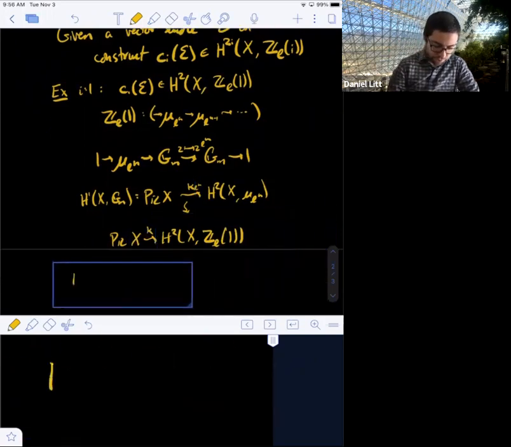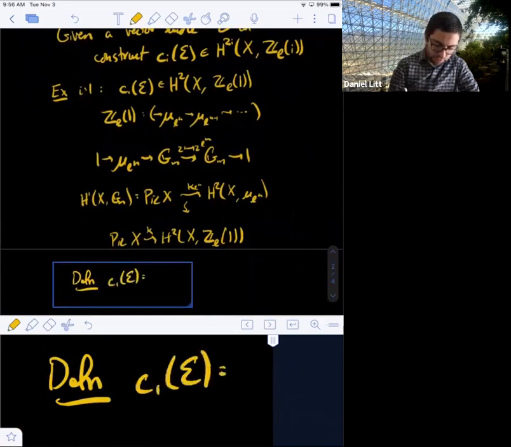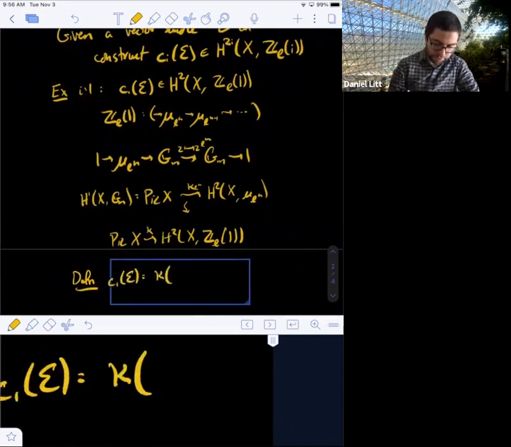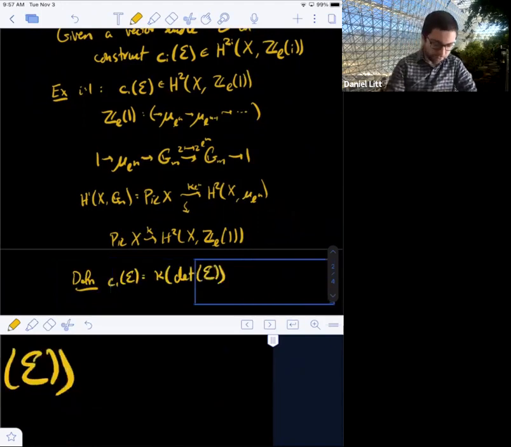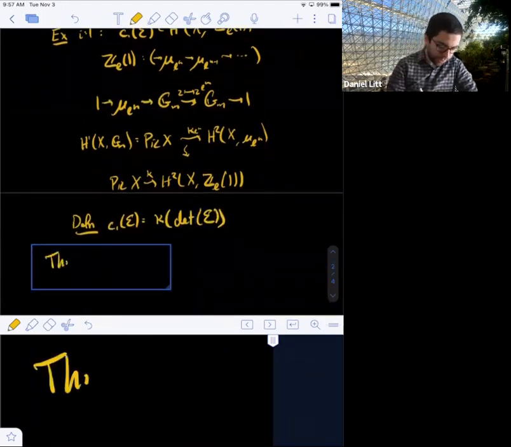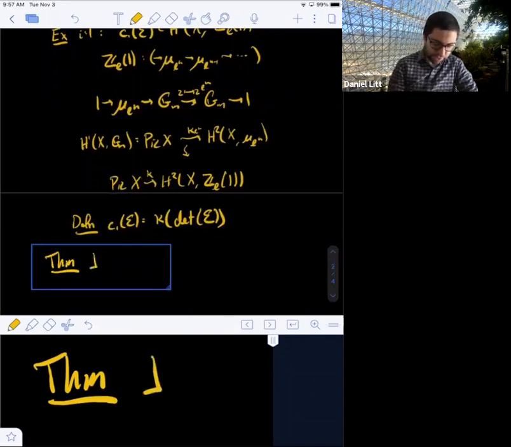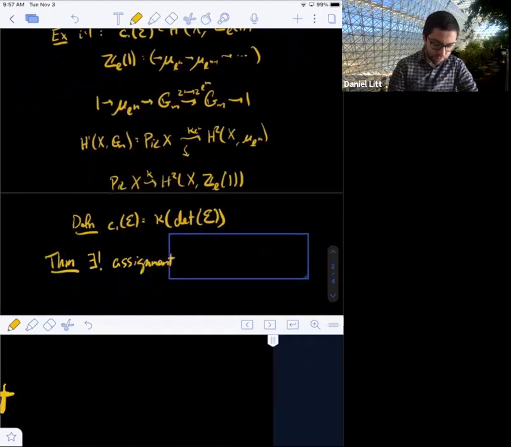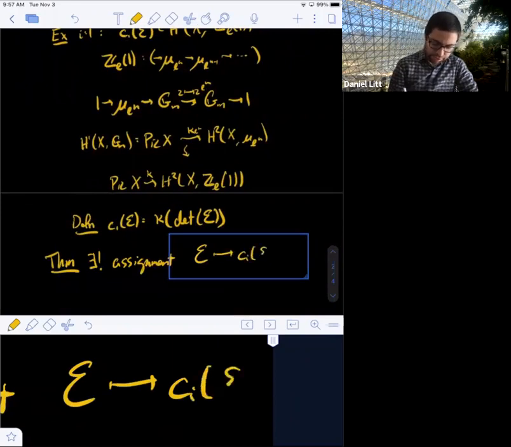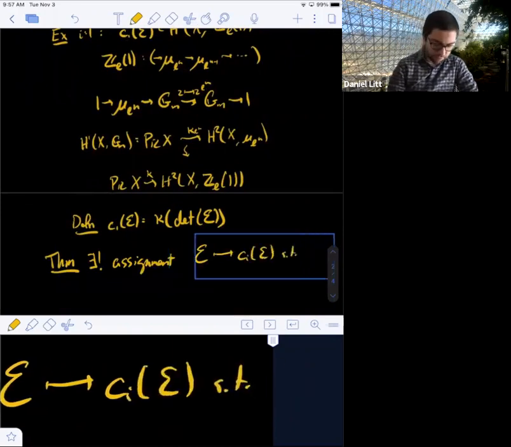So the definition of C1 is just kappa applied to the determinant line bundle of E, so the top exterior power. Okay, and then the theorem, which I'm not going to prove, but I'll say a word about the proof, is that there exists a unique assignment E goes to Ci of E, satisfying the following three properties.